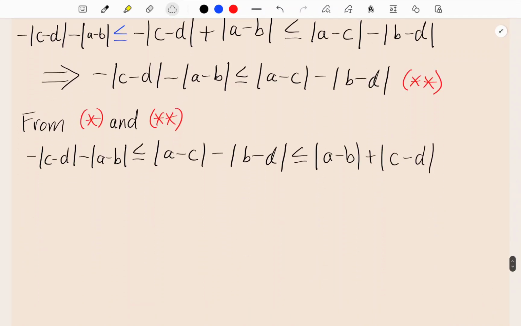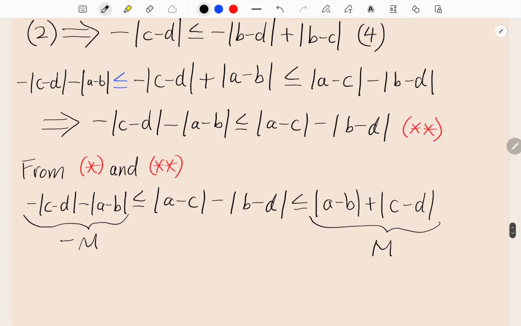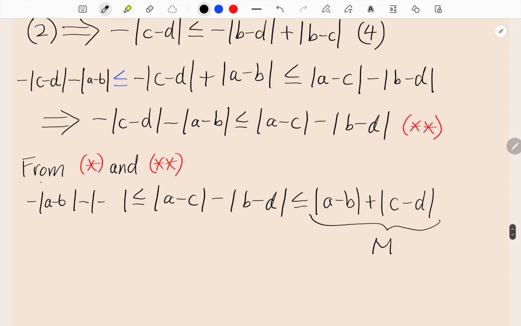Which is really interesting, because if I call this number m, then this is precisely equal to negative m. I can rearrange these two terms by calling this a minus b and this c minus d. Same thing, right?